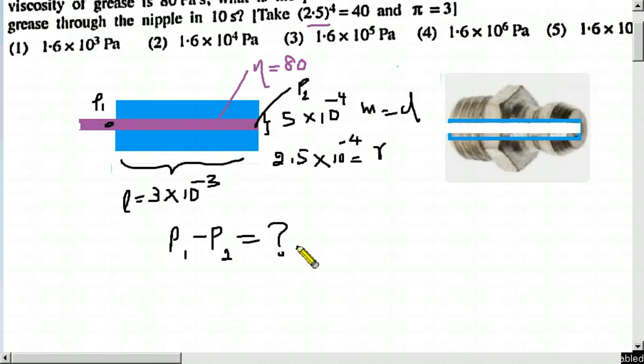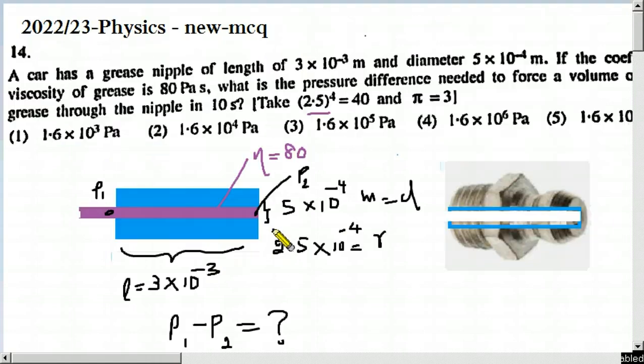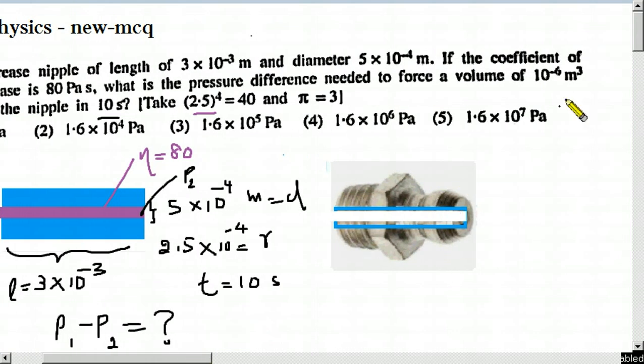Otherwise we can use it as delta P. What is the equation? Volume also they have given, and time they have given here. Time is 10 seconds. Volume is 10 power minus 6 cubic meter.